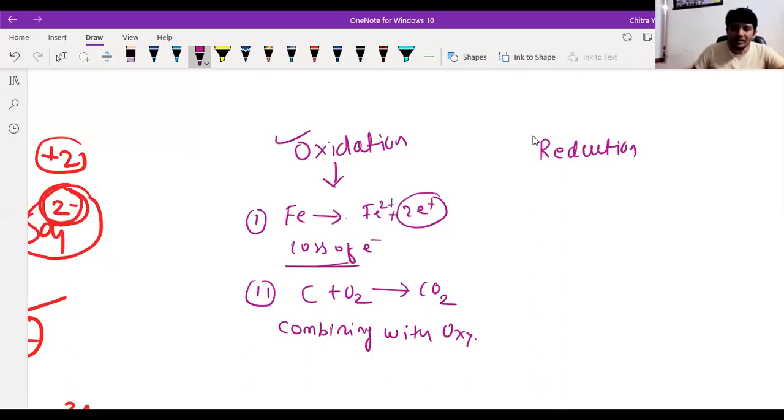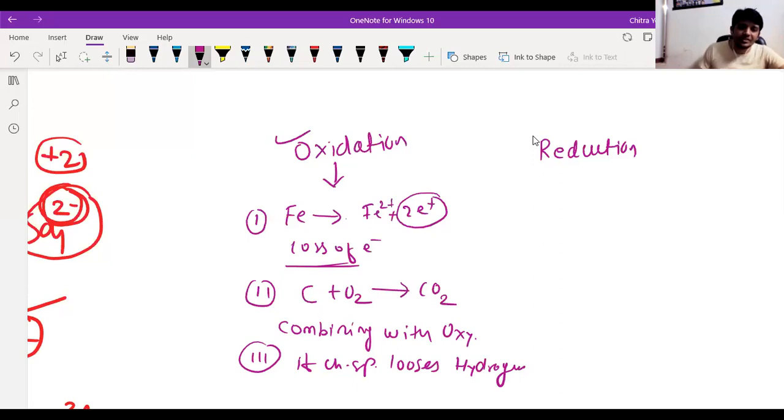Third condition, if a chemical species loses hydrogen, it is called an oxidation reaction.